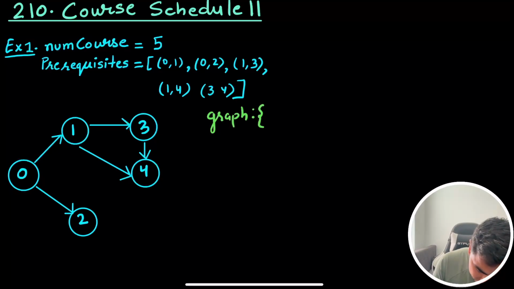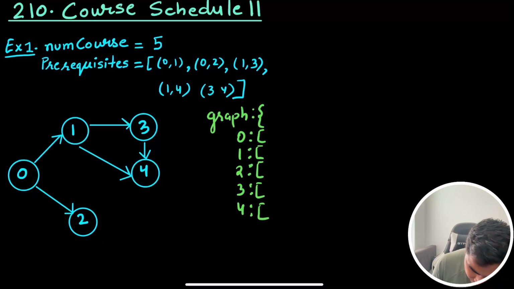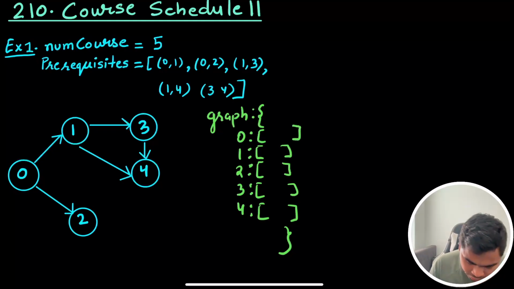I'll create the graph for each of 0, 1, 2, 3, and 4. We have 5 courses, so 5 won't be there, I'm sorry. So 0 to 4. Next to each of these courses, we're going to have a list of all the neighboring nodes, or you can say prerequisite courses, that we have to take before we finish them.